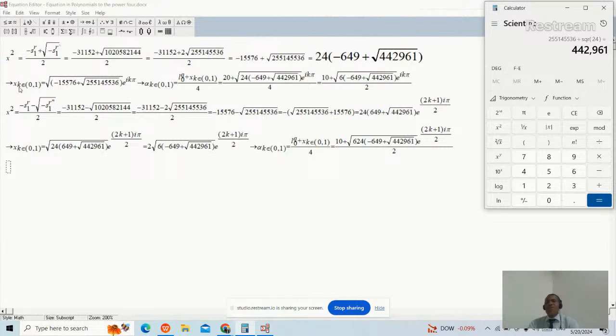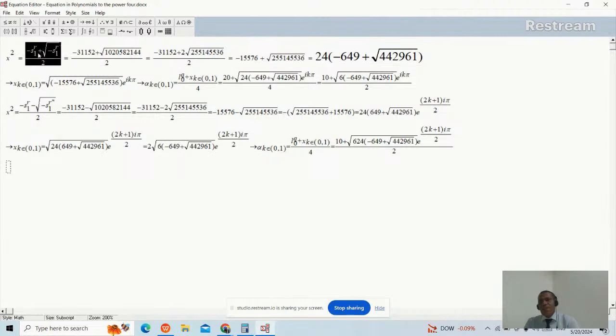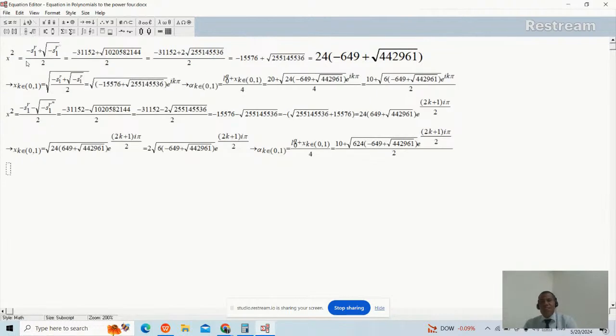Then I will continue now. The formula of Mr. Mourad Sultan Ezouidi tells you that xk, k belongs to 0, 1, is the root of this one. As the root, I will paste this, so that you can understand, is equal to a root, Mr. Mourad, of this value, which is equal to root of this. Because we appeared 24, so it will be, in this part, 20 plus the root of this.